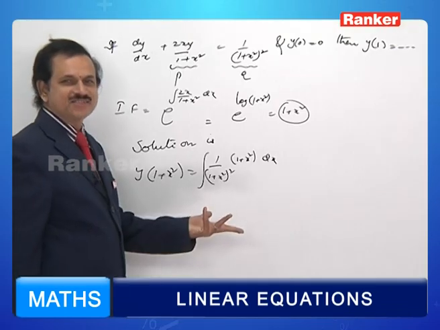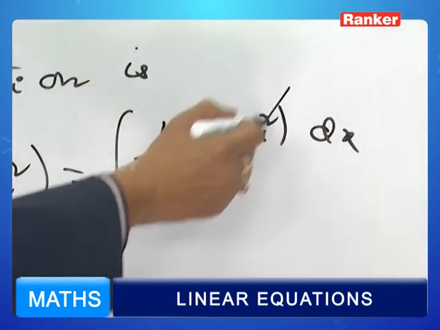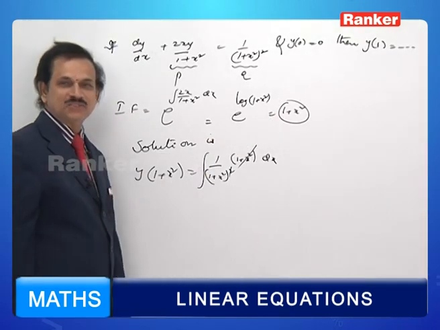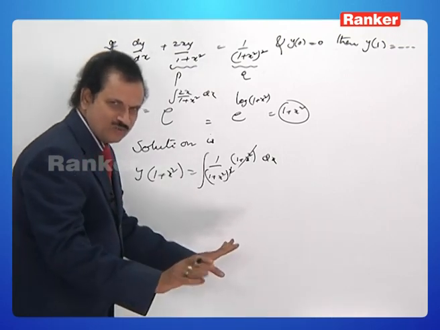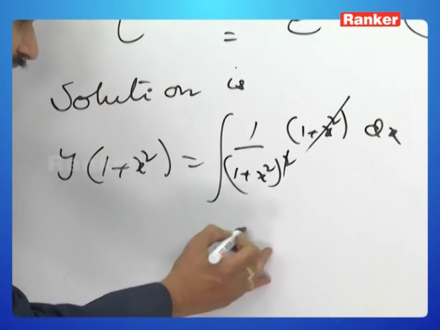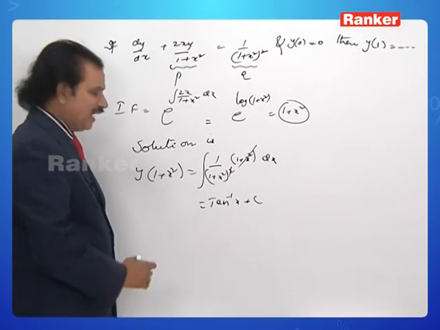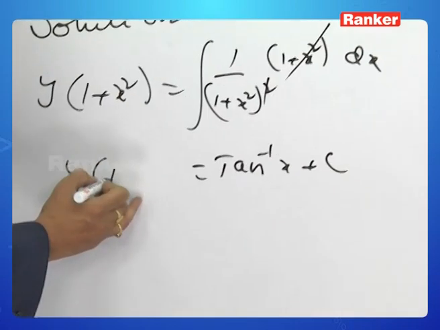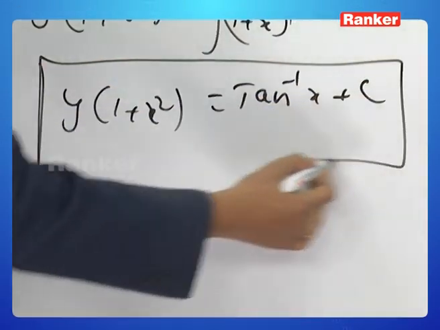How happy it is, how simple it is, how slim it is. You can cancel, and 1 by 1 plus x square just remains. What is its integral? It is nothing but tan inverse x plus c. Ultimately, the solution is y into 1 plus x square is equal to tan inverse x plus c.